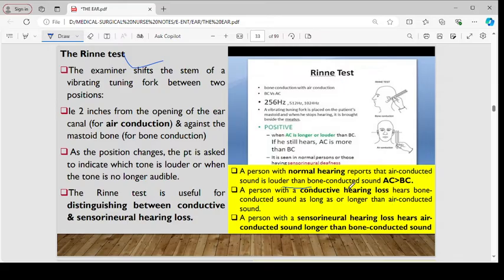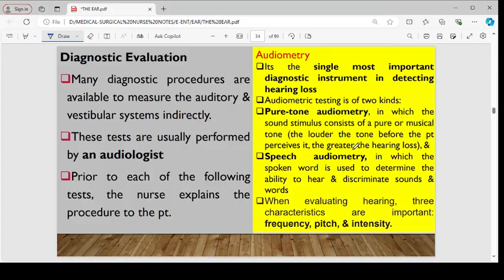Now BC will be greater than AC. BC will take longer than air conduction. So this person has conductive hearing loss. While a person with sensorineural hearing loss will hear air conducted sounds longer than bone conducted, almost the same as normal hearing, right?